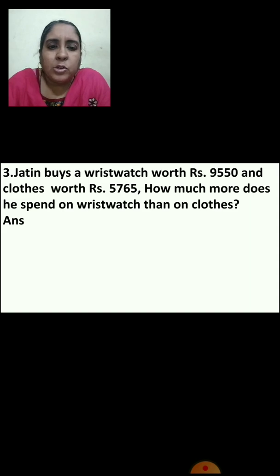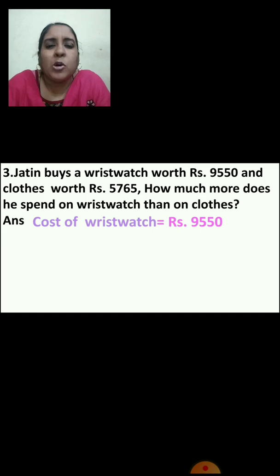So you have to see that how much more he spent on wristwatch than on clothes. So what will be your first statement, children? Yes, you will write cost of wristwatch. How much it is? Rupees 9,550.